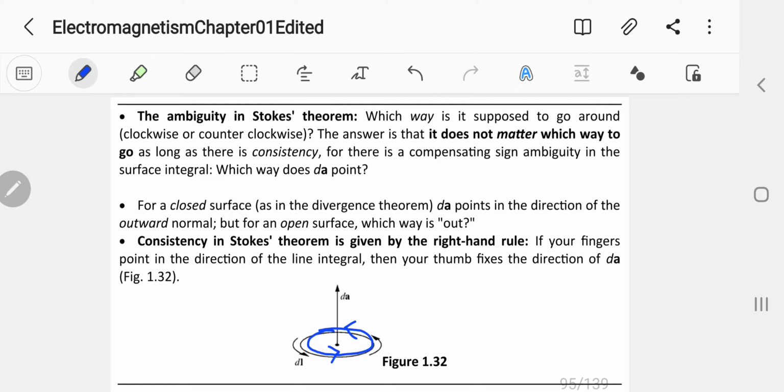Usually the direction of the differential area will always point positive when you have a closed surface. But if you have an open surface, you have to do the right hand rule. That's the most important thing that you have to be careful with.